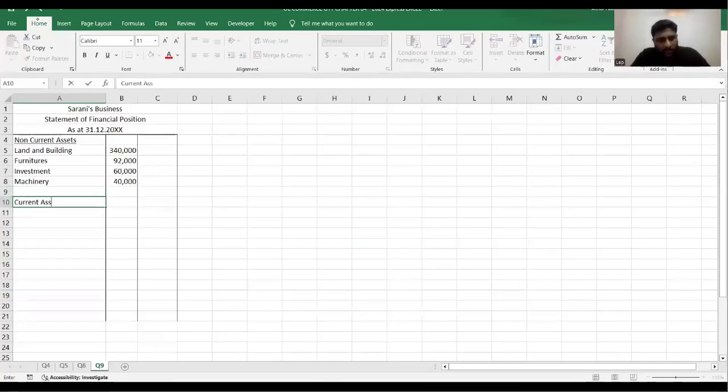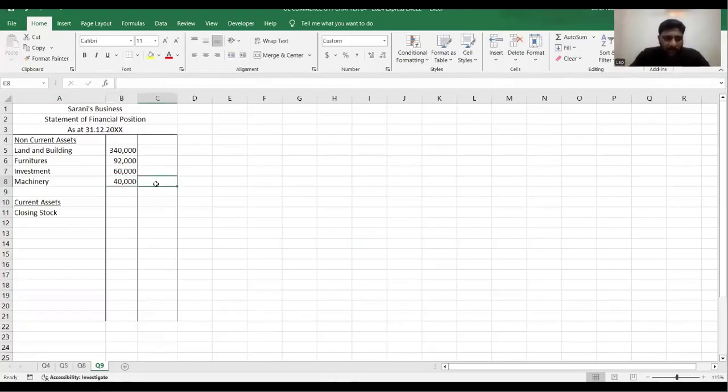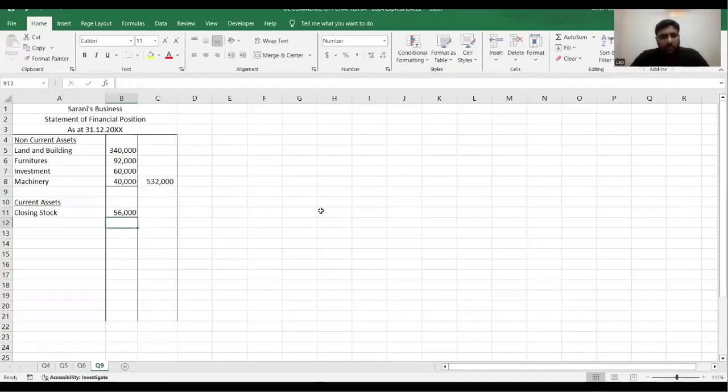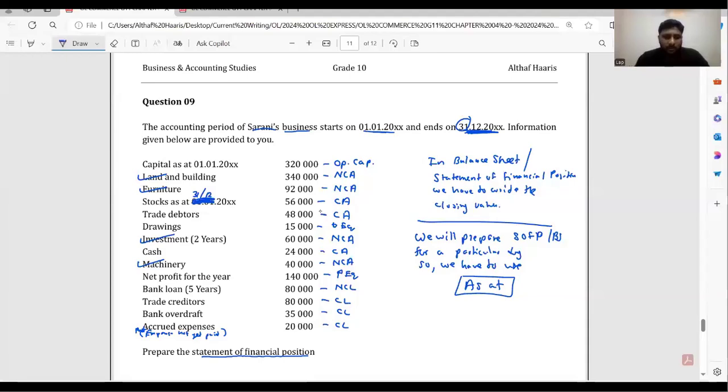Then current assets. Closing stock 56,000. Then we have trade debtors 48,000.